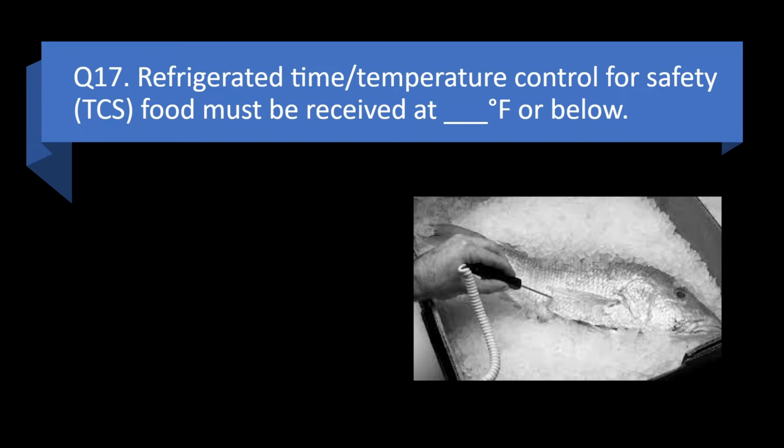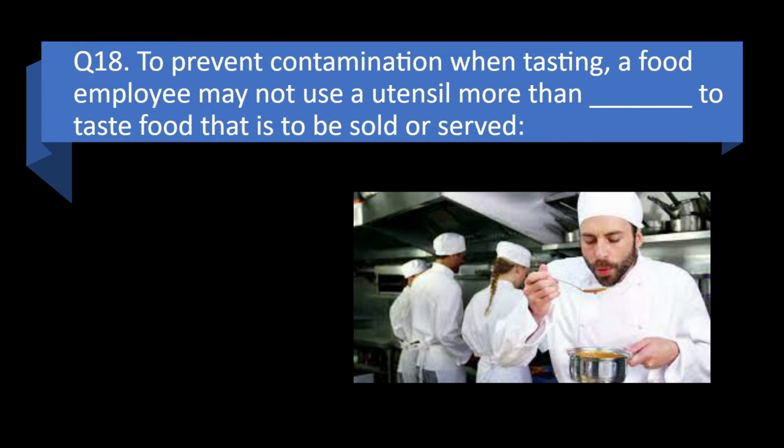Refrigerated time temperature control for safety, or TCS, food must be received at blank degrees Fahrenheit or below. 32 degrees Fahrenheit, 40 degrees Fahrenheit, 41 degrees Fahrenheit, or 45 degrees Fahrenheit. C. 41 degrees Fahrenheit.